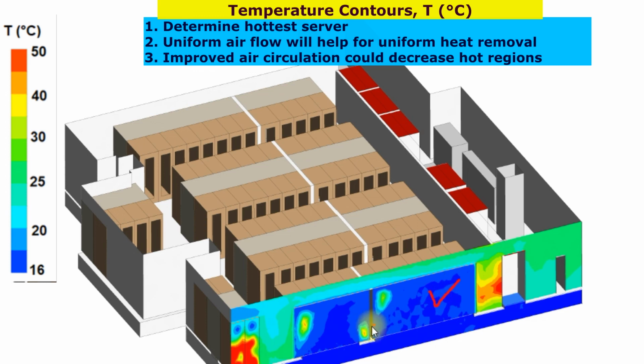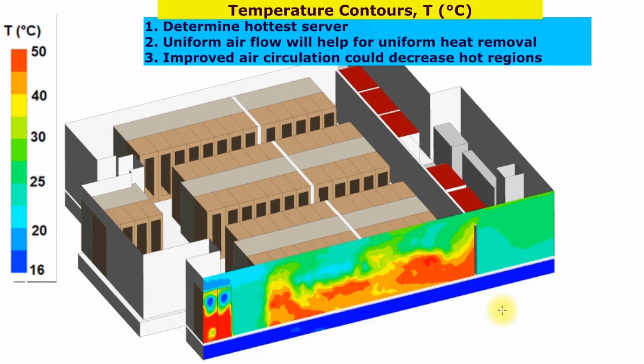This is a cross section across the cold compartment. In the cold compartment, temperature is low. Here temperature is around 20 degrees Celsius. And this is the temperature contour in the hot compartment. In between, this is the hot compartment.